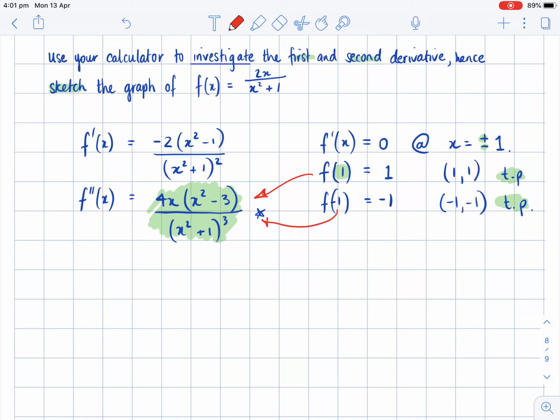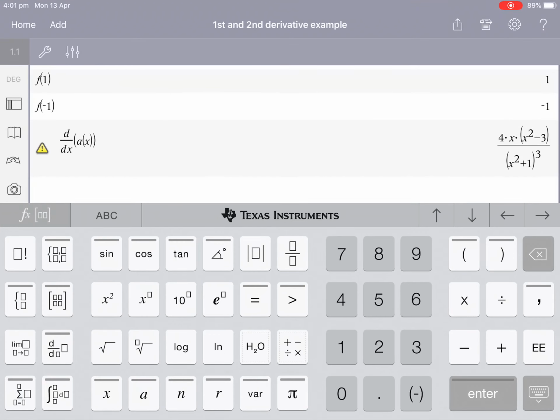And if I substitute this x value into the second derivative, same deal. If the second derivative is negative, then that would be a maximum point, and if it's positive, then it will be a minimum point. So let's go back to the calculator.